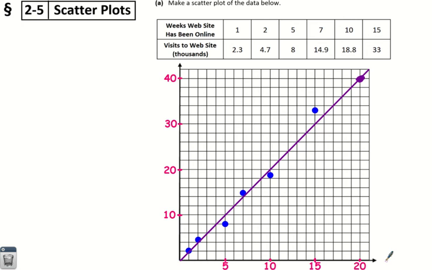So you might notice here that it looks like we are crossing through that point, and that makes sense, right? 0 weeks, 0 visits. So having my line hit that exact spot makes a lot of sense to me.